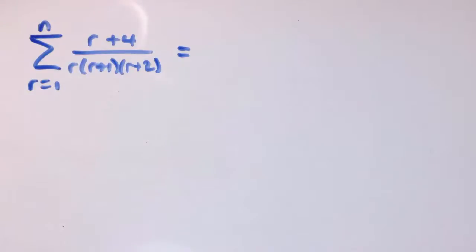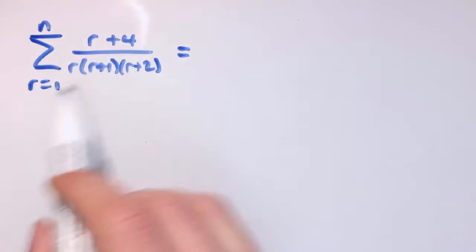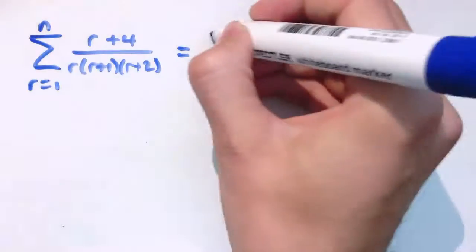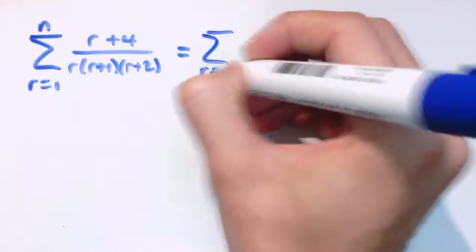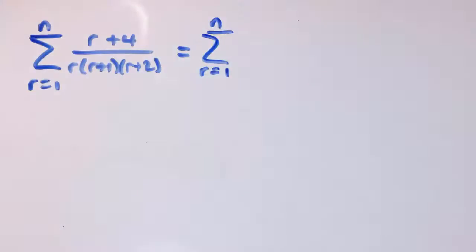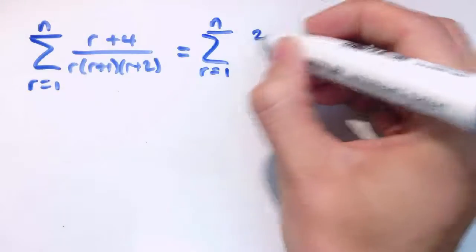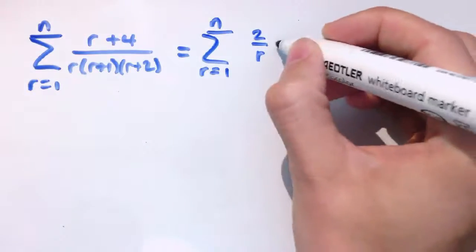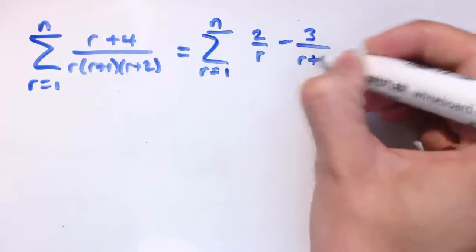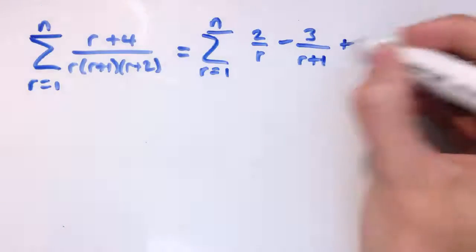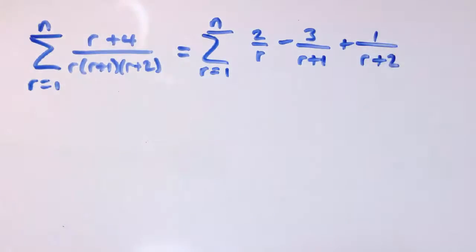For a slightly more complex example, we could take this one. Again, if we write this in partial fractions, what we get, you can check, is 2 over r minus 3 over r plus 1 plus 1 over r plus 2. And exactly the same argument applies here.